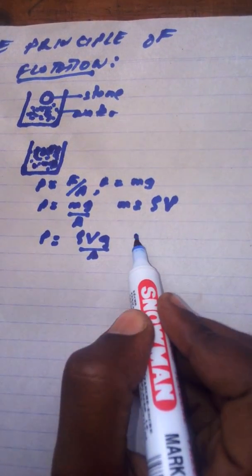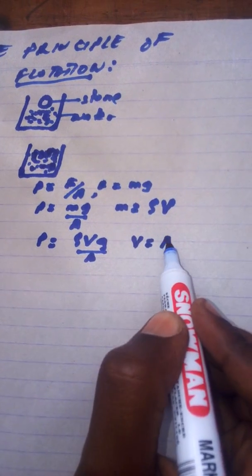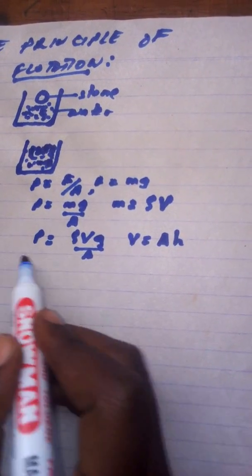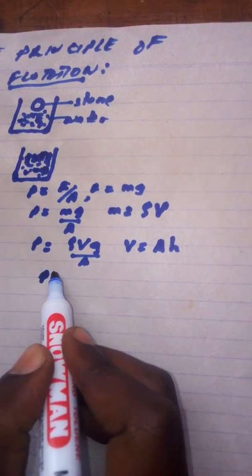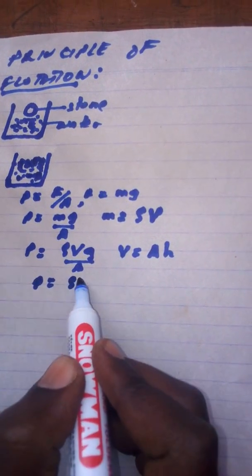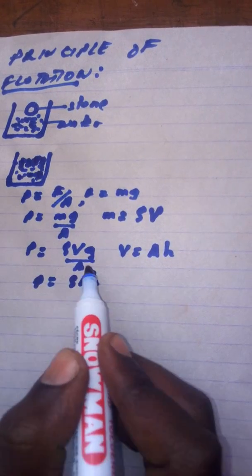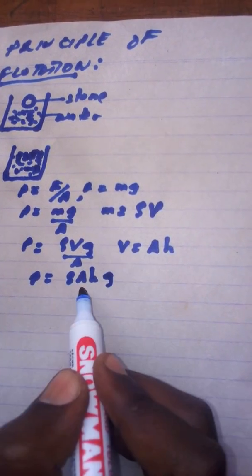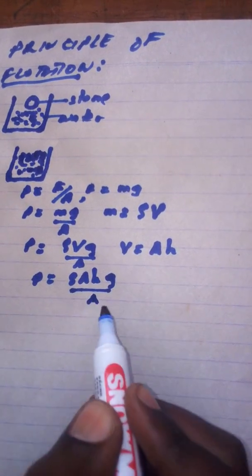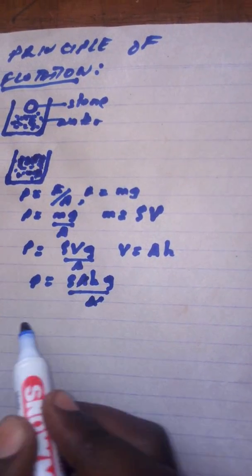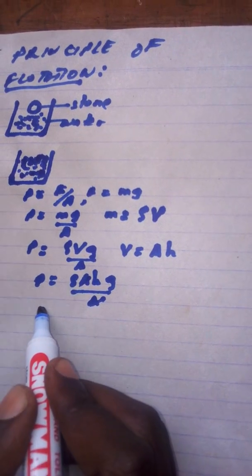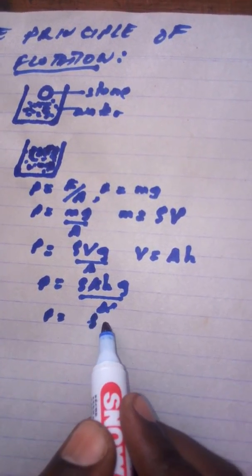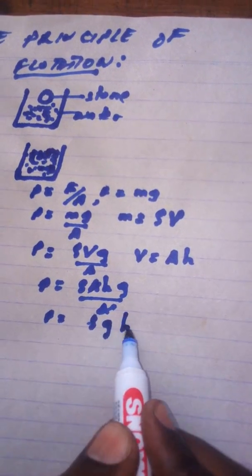Also, we understand that the volume is equal to the cross-section area times the height. So we can also write that the pressure is equal to density times area times height times gravitational acceleration divided by area. So as a result, area and area cancel out. Now pressure is equal to density times gravitational acceleration times height.